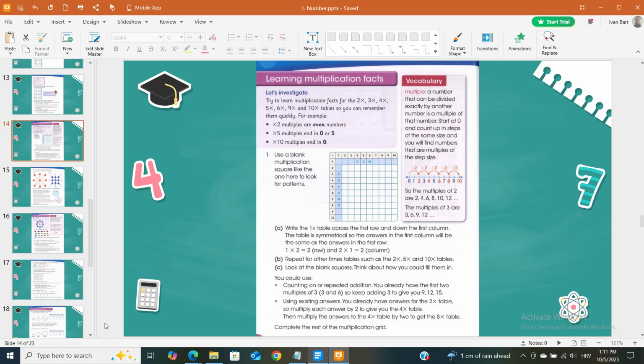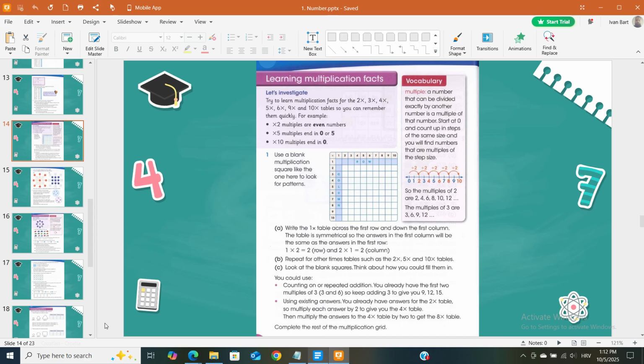So the multiples of 2 are 2, 4, 6, 8, 10, 12, and so on. The multiples of 3 are 3, 6, 9, 12, and so on.